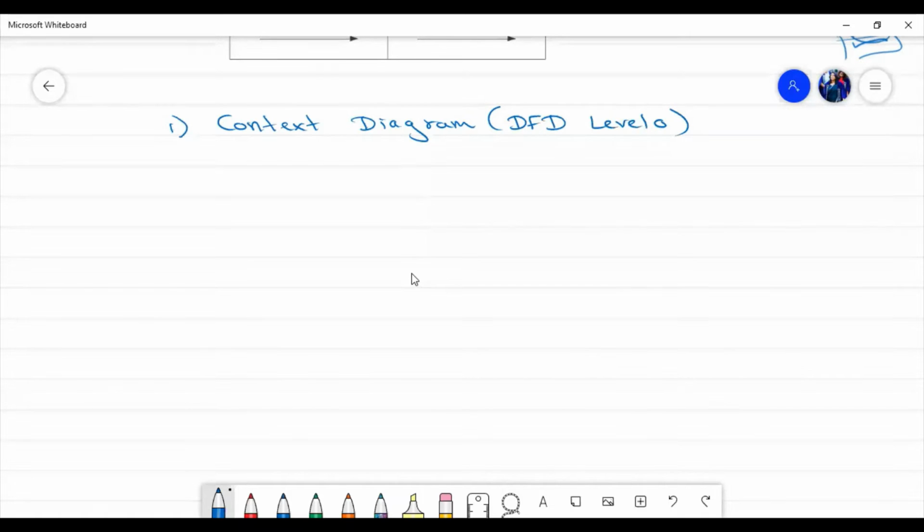Why are we saying so? This context level diagram gives you a bird's eye view of the system.